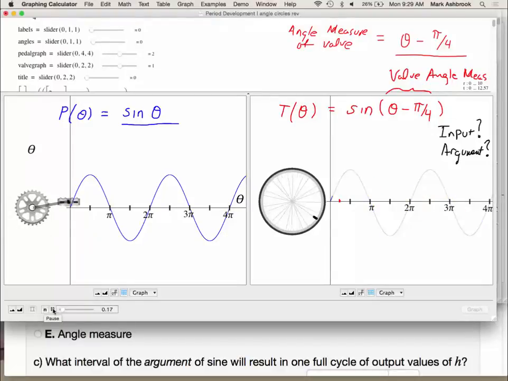Pedal starts its cycle, and then the tire valve starts its cycle, and it's lagging behind for increasing theta. So you have to see that red graph as coming pi over 4 behind the blue graph. Do you see it? Thinking about theta increasing, the pedal angle has a head start. It starts first, and then for a greater theta, the tire valve starts its cycle.